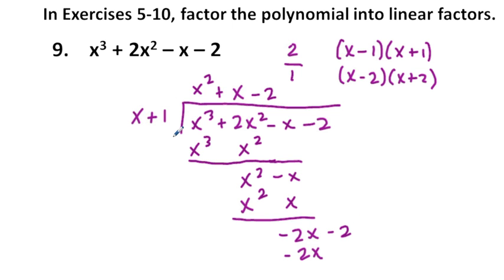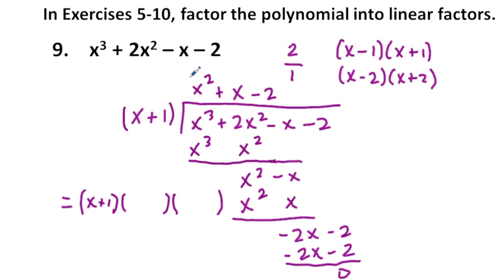And negative 2 times 1 is negative 2. So we have no remainder. So this is a factor. So I'm going to write the factors down here. We have x plus 1, and we have x squared plus x minus 2.